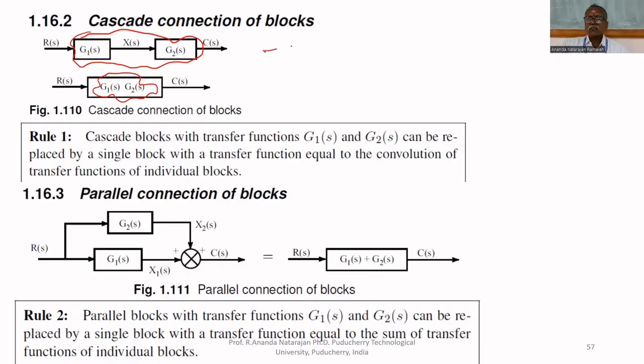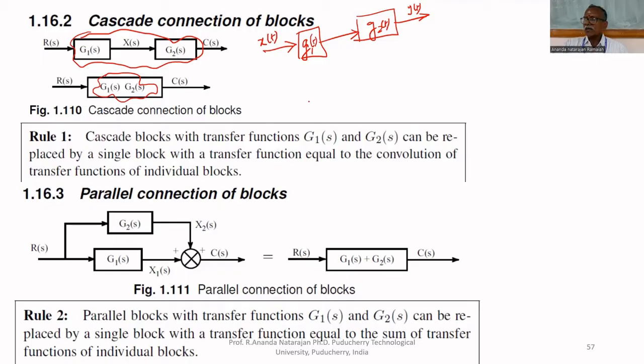If 2 systems are represented in time domain, say G1 of t, the output of G1 of t is input to the second system G2 of t. The input of the system is x of t, output of the system is y of t. If you want to find y, you have to convolve G1 and G2.